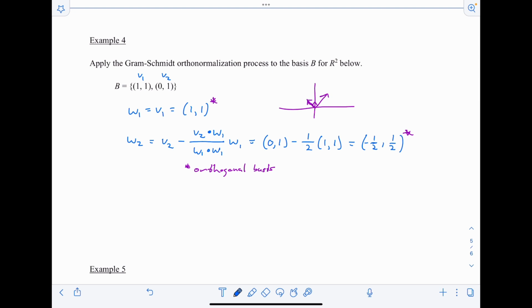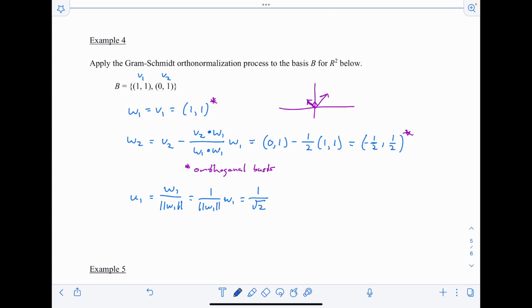Now we need to keep going though, and now we need to find the unit vector. So we're going to convert these now into unit vectors. So U1 is going to be W1 divided by the magnitude of W1. In other words, if you want to think of it this way, 1 over the magnitude of W1 times W1. So the magnitude of W1 is the square root of 1 plus 1, or square root of 2.